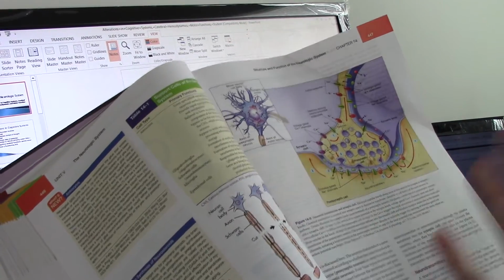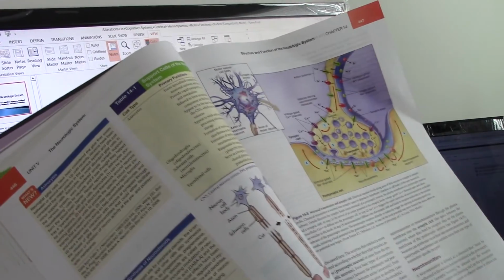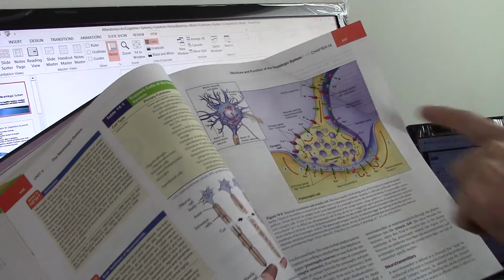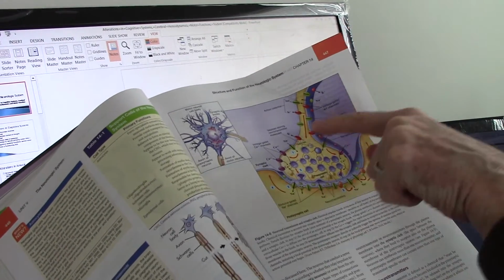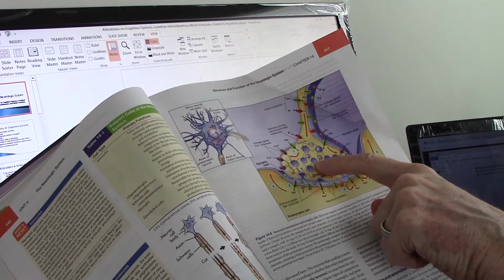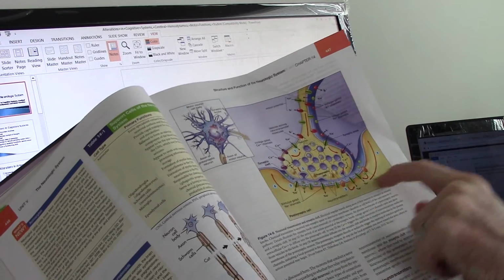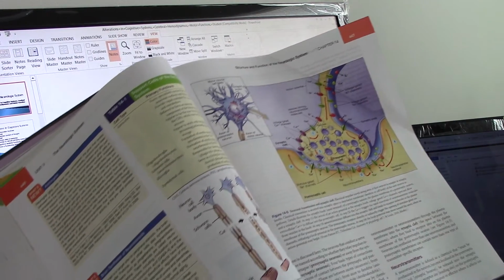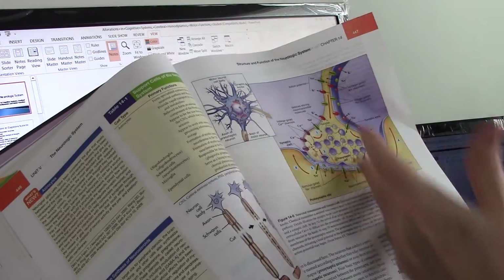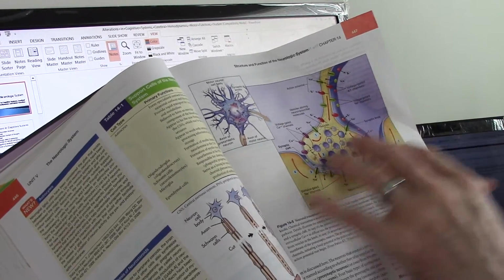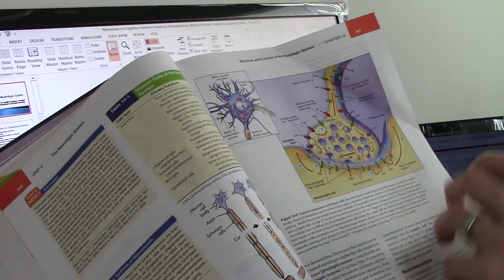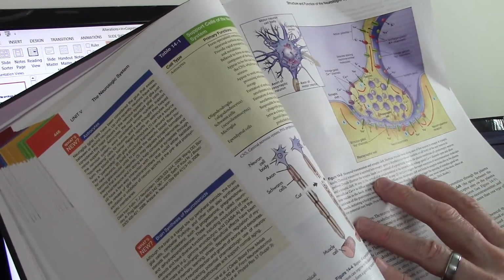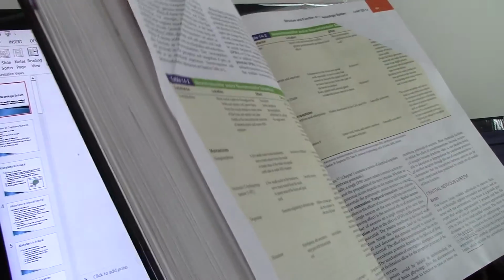And you may hear reference to something called presynaptic and postsynaptic, and all that means is this is the synapse, so this is the presynaptic side, and that's the postsynaptic side. It's really very simple. Of course we don't need this level of detail to get an idea of what's going on here, but it's good to have the basic big picture.